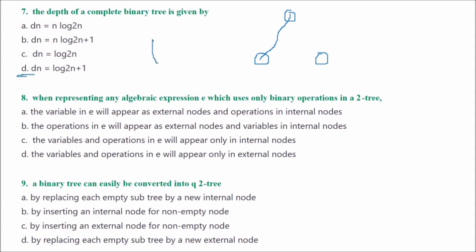Yes, the option is log n plus 1. We can easily find this out: in a binary tree, this is 1 node, this is 2 nodes, this is 4 nodes, so you will have 2 to the power n nodes. So you can easily take log and find the depth, but because the root is always there, you add 1.